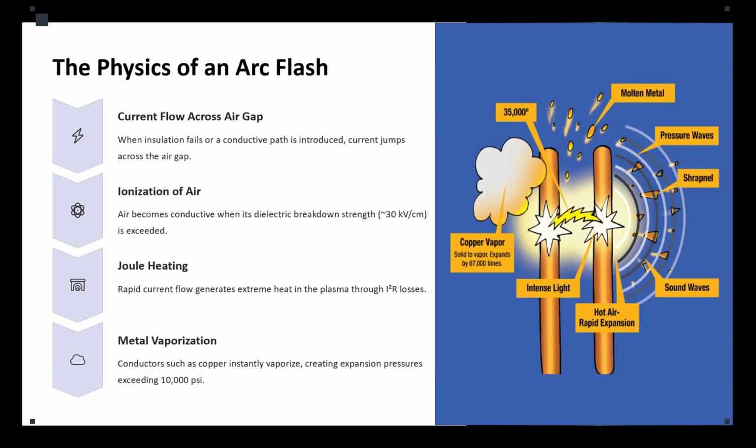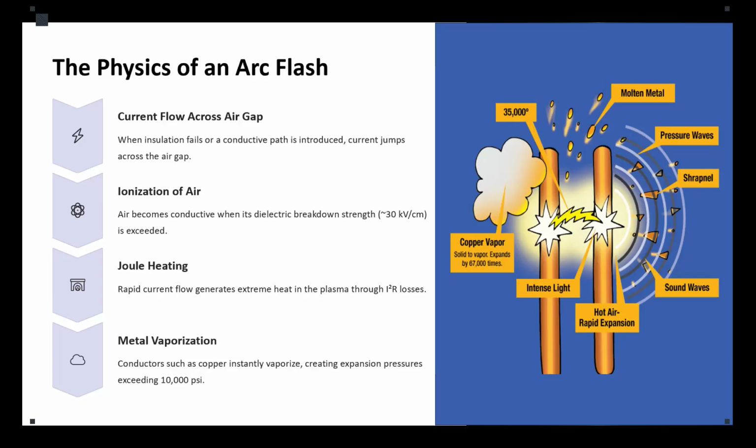When an insulation fails, or a conductive path is introduced, the current jumps across the air gap. So the first condition necessary for an arc flash is the formation of a path for current through the air.